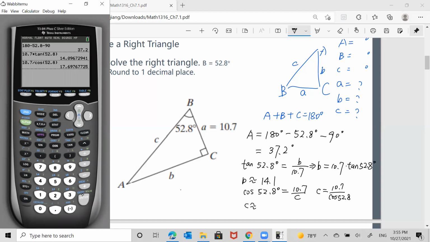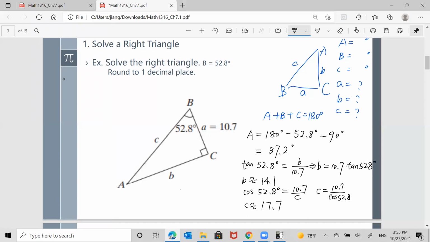So round to one decimal place, I need it to be 7 because the number after 6 is 9. 9 is greater than or equal to 5. That means I need to add 1 to the 6. That's 17.7.